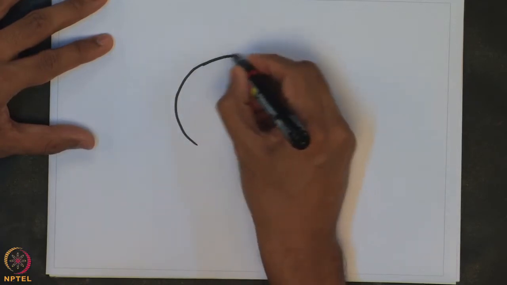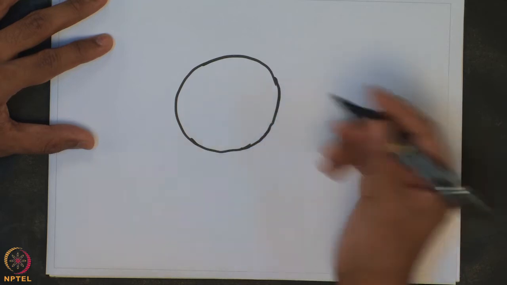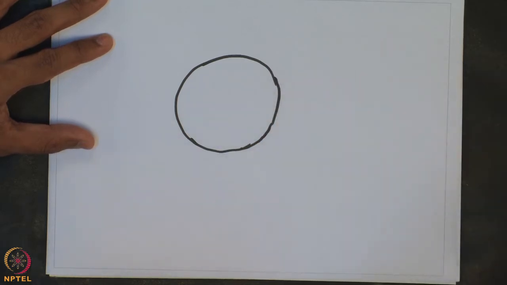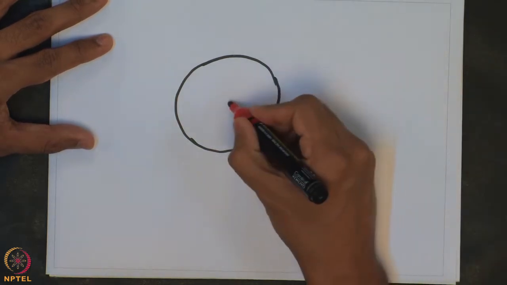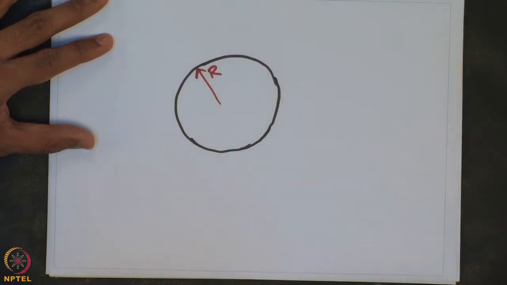So, let us define a shell. If we have a catalyst pellet, and if the radius of the pellet, let us say, is capital R, we can define a small shell.